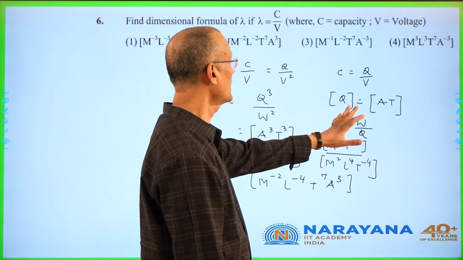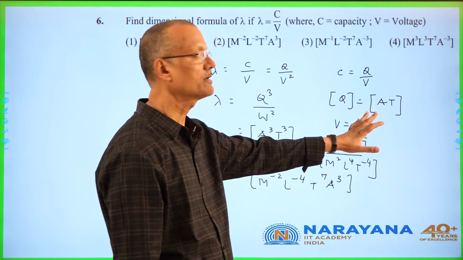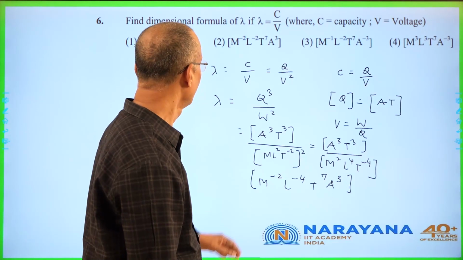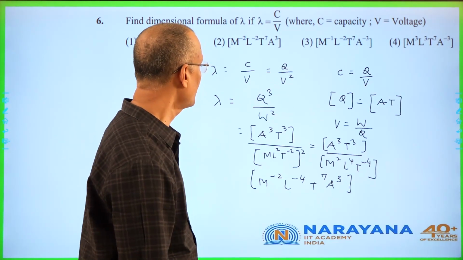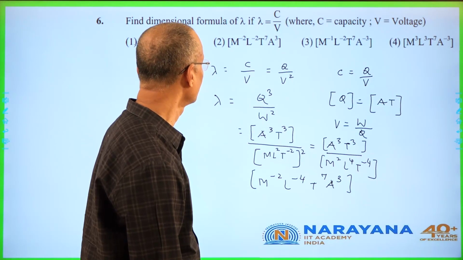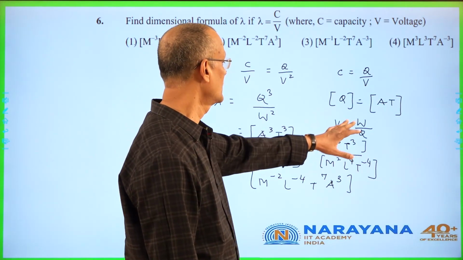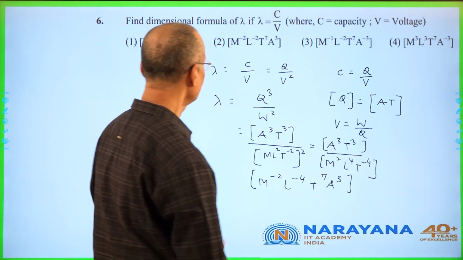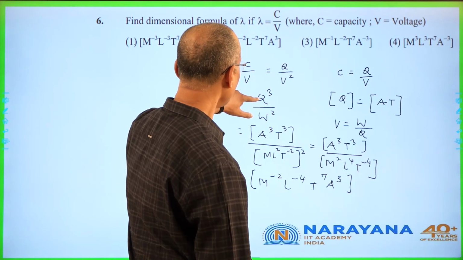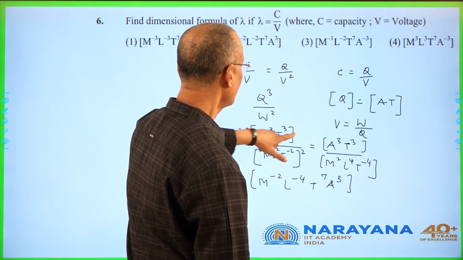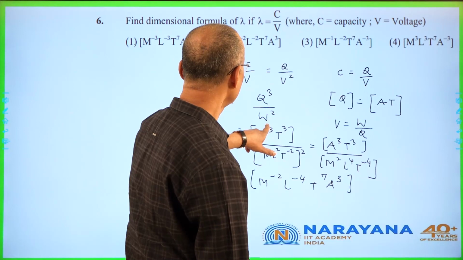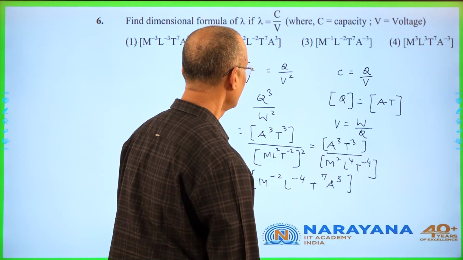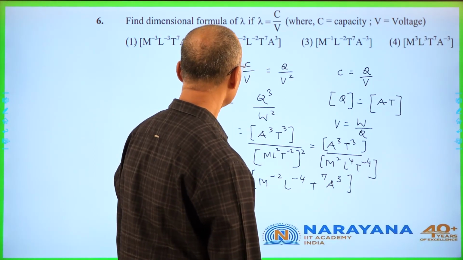Q is current into time, current being a fundamental physical quantity, and voltage is work done per unit charge, so W by Q. Now, when you go for W by Q, here it is Q by V squared, so W squared by Q squared, one Q is already there, Q power 3, and it is W squared.